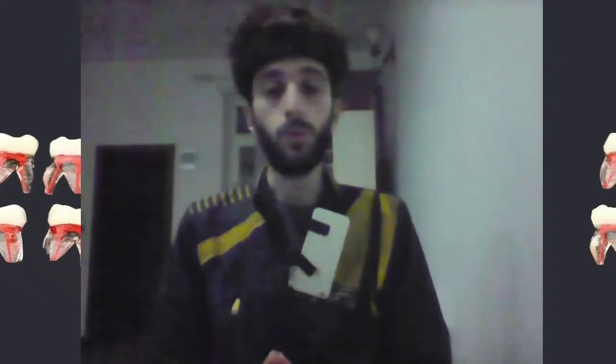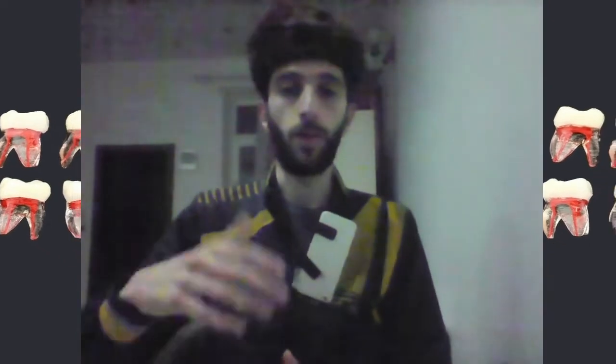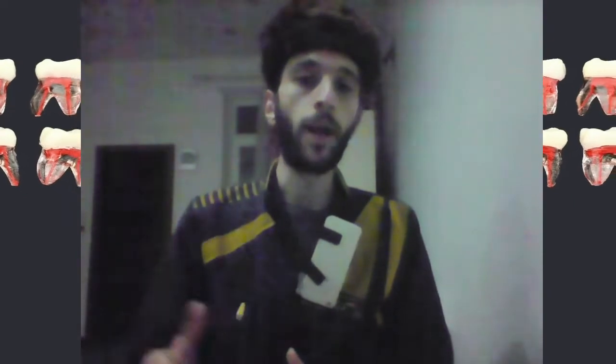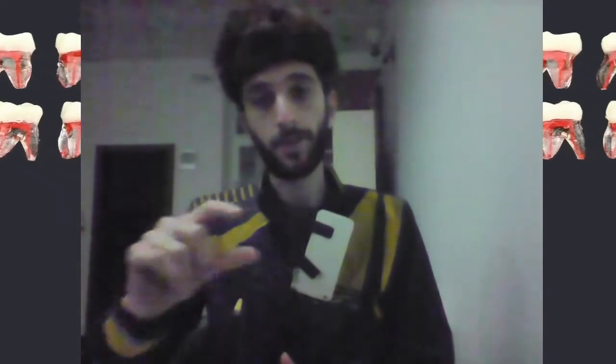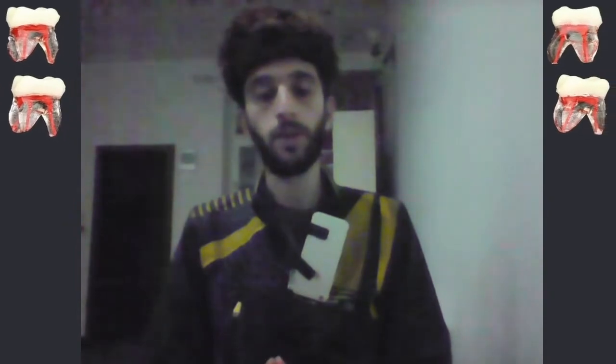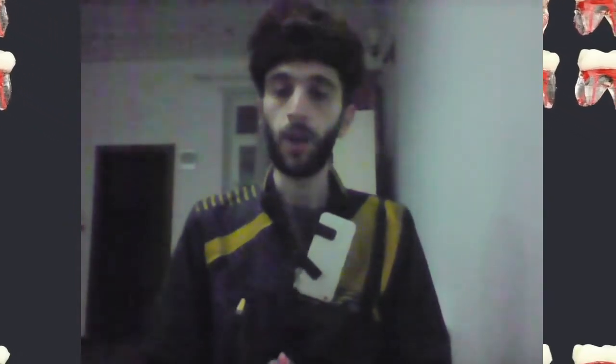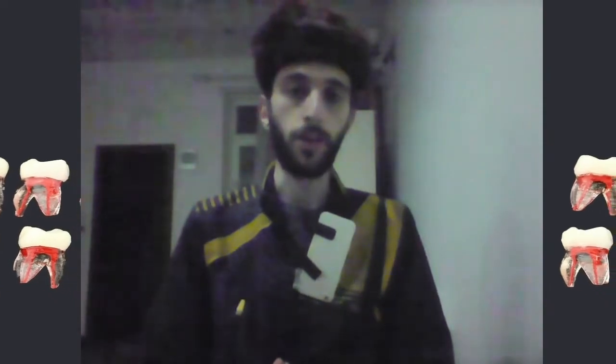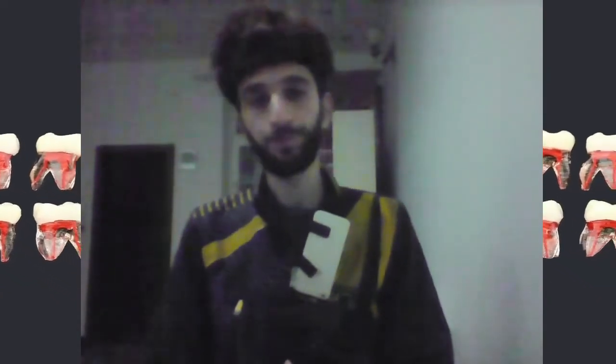When it comes to giving direct pulp and indirect pulp capping, we have to leave a small layer of caries above the pulp tissue in order not to expose the pulp to trauma, and then we cover the pulp with calcium hydroxide or Dycal and zinc oxide eugenol temporary restoration for 1 month.